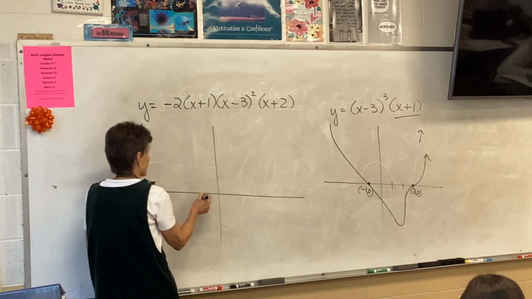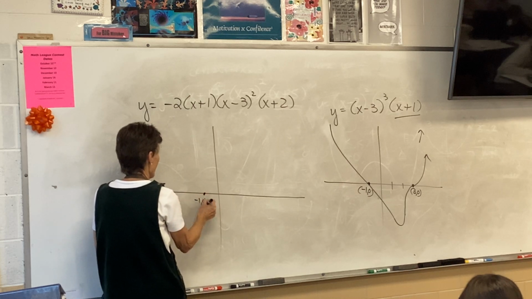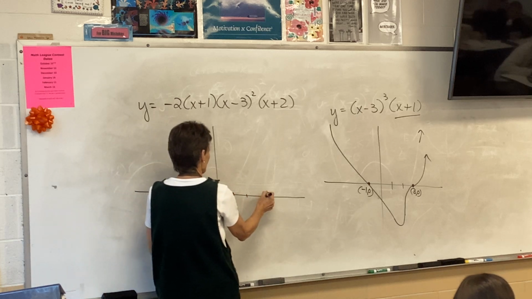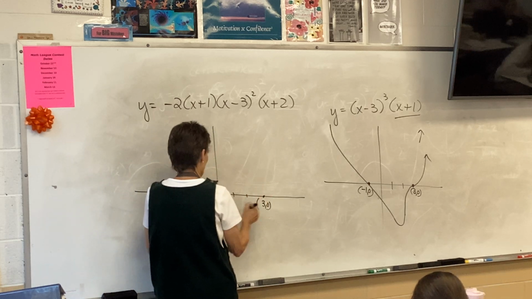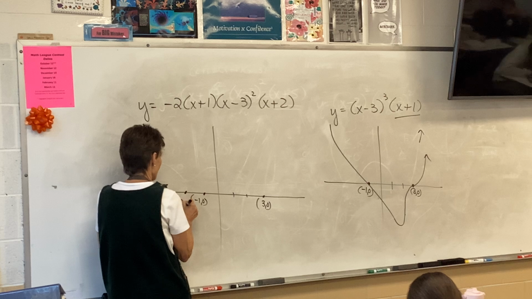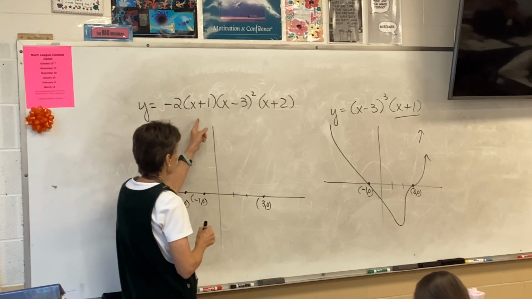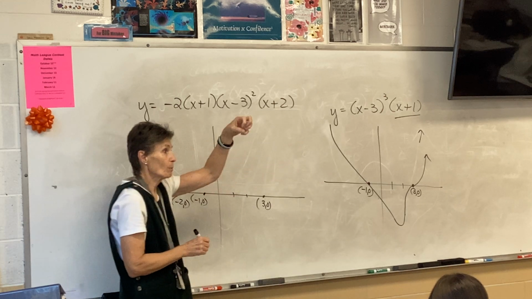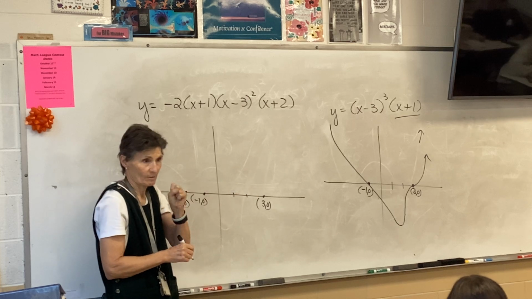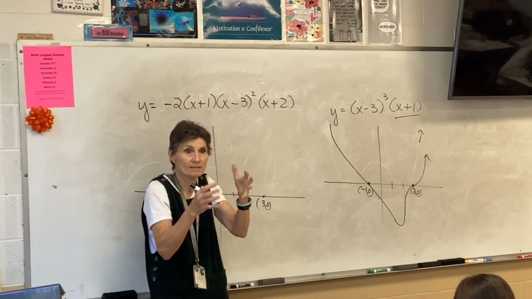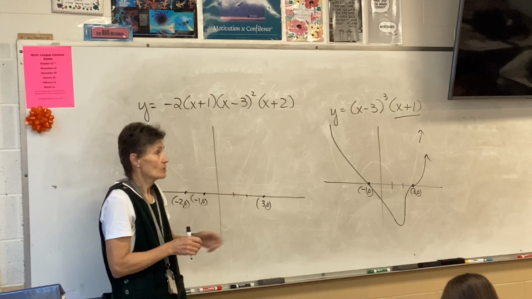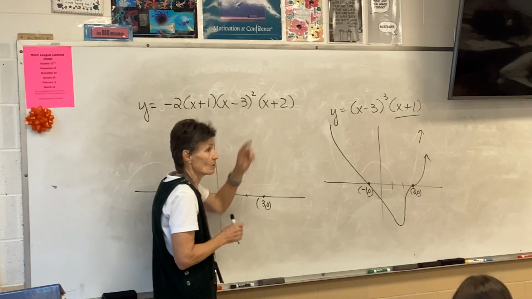But the dots are going to be at -1, at 3, and at -2. That's where the dots are going to be, because every x is going to be associated with a dot.